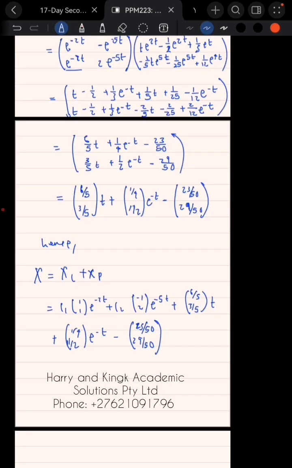This will be the general solution to the given non-homogeneous linear system.